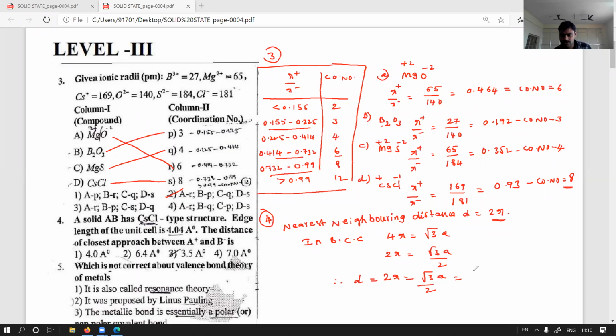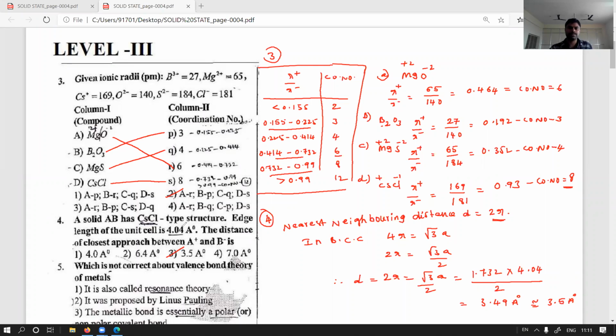Root 3 value is 1.732 and the edge length A is 4.04 angstroms, divided by 2. On simplification, we get approximately 3.49 angstroms, which is nothing but 3.5 angstroms. So the correct answer is the third one.